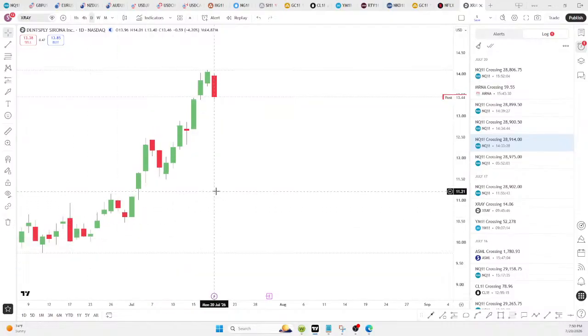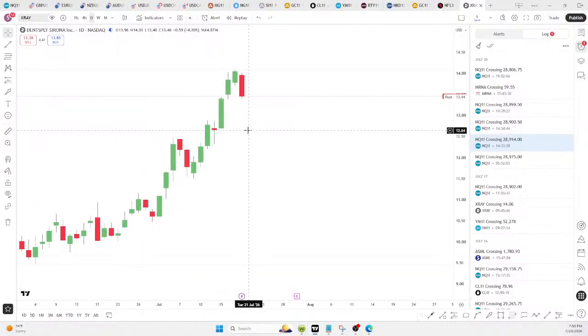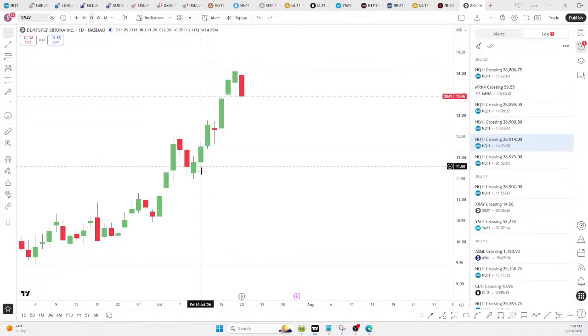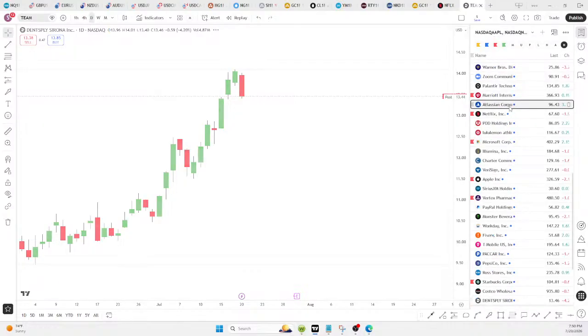Let me remove this. So this is the daily candle, as you see. Now this is the structure that I haven't shown you. I've shared you two, but another one is this candle and this moving candle. But let me share the structure that I have shown you before.